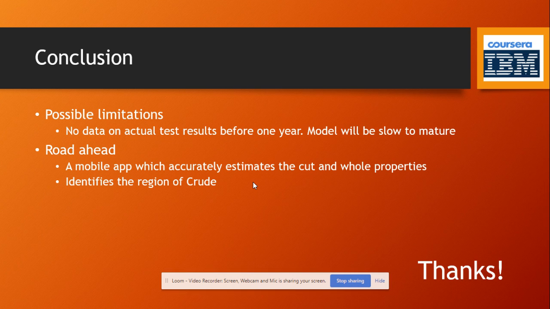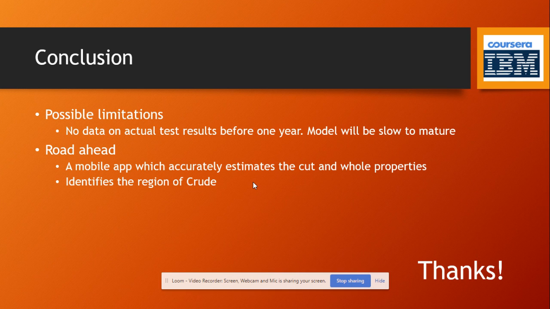So the model will be slow to mature, and a vision I can say is probably of a mature product in the form of a mobile app which the refiner will be able to use to immediately find out what is going to be his yield in the product, so that he can make the appropriate tuning.